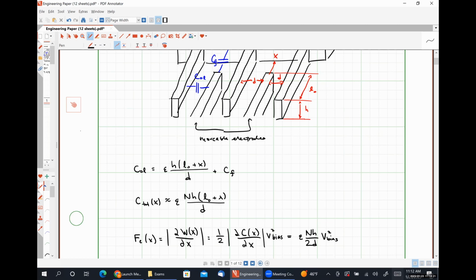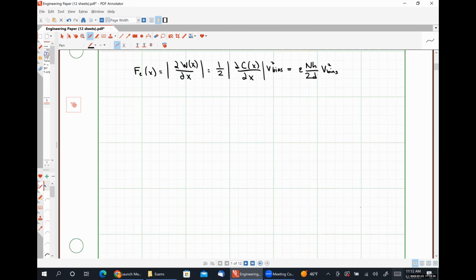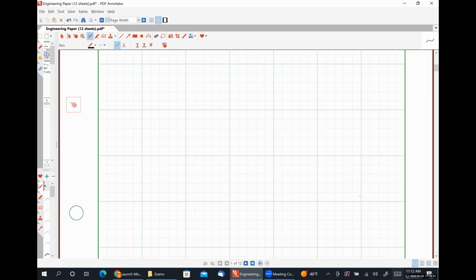Okay. So let's work an example problem. Let's say that I have a system like so. This is an anchor on one side of my system. This is an anchor on the other side of my system.